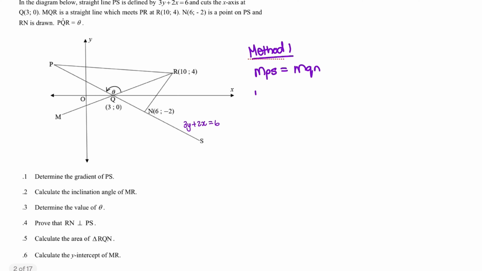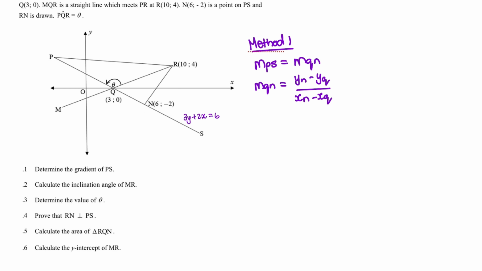And for the gradient formula, we would say it's the y of N minus the y of Q over the x of N minus the x of Q. So remember that when you use the gradient formula, we have the difference of y's in the numerator and the difference of x's in the denominator. Also, if I put N first in y's, it needs to be first in the x's as well. So the order in which you substitute also matters.